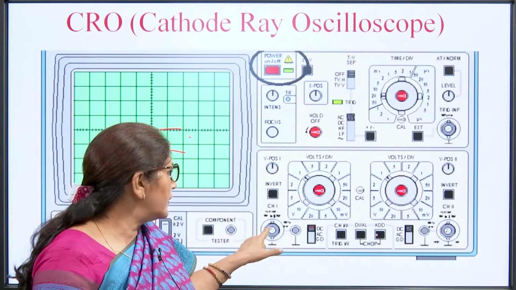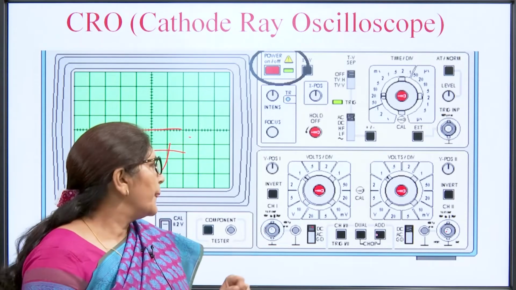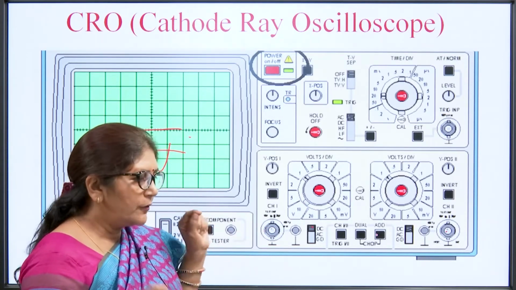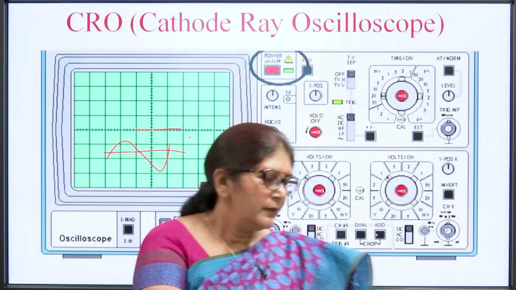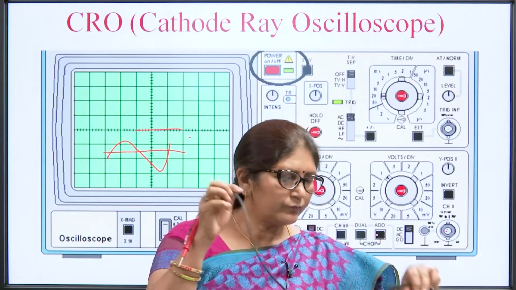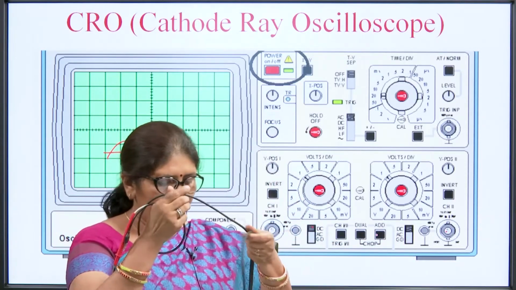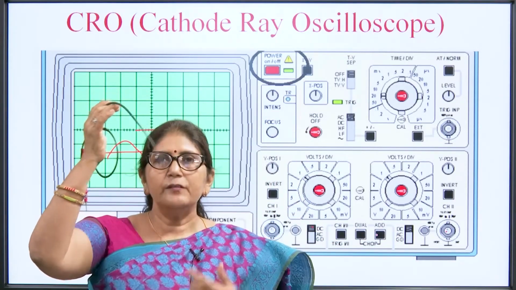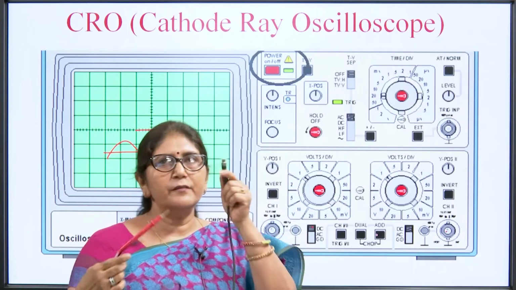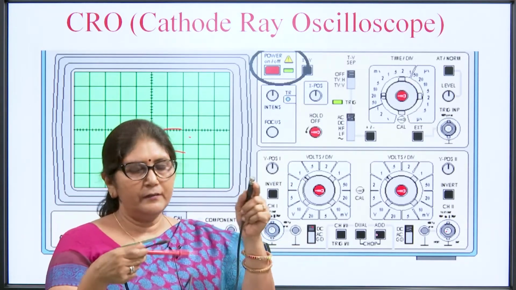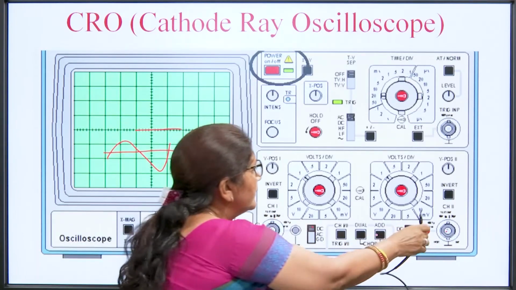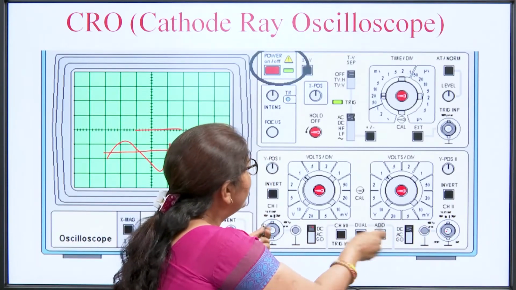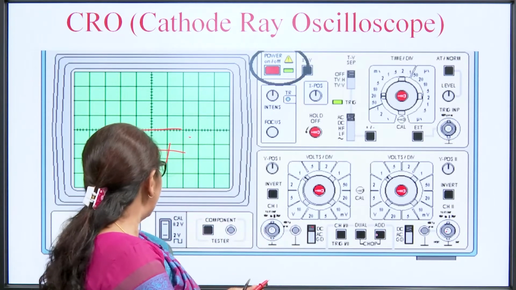So, we will put our probe at channel 1. Suppose this is a probe. We will put this BNC at this position, and this terminal is at the calibration position, and then we will calibrate.